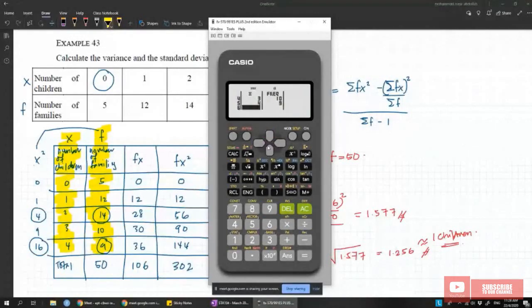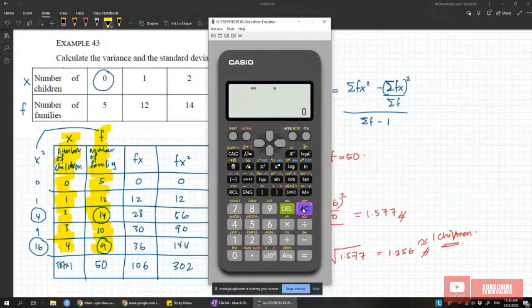By using this calculator, you can check whether you have correctly input all the data in the table. The X values are 0, 1, 2, 3, 4, and the frequencies are 5, 12, 14, 10, and 9.